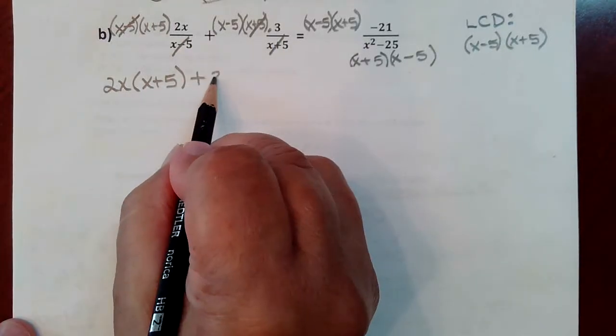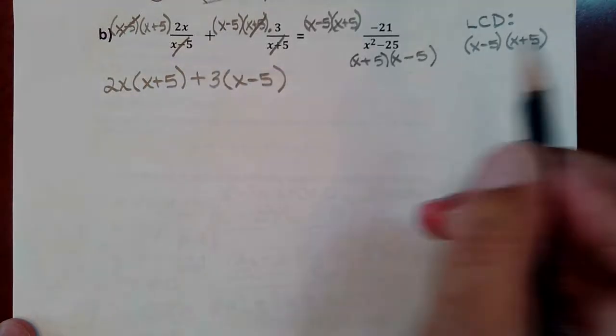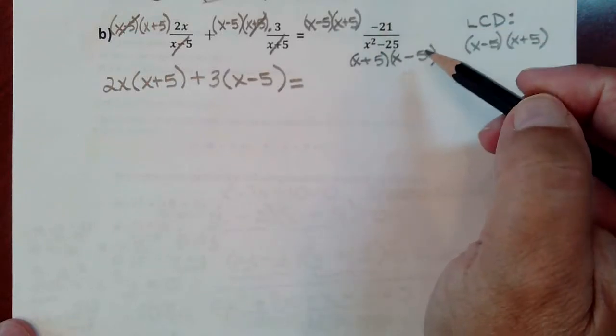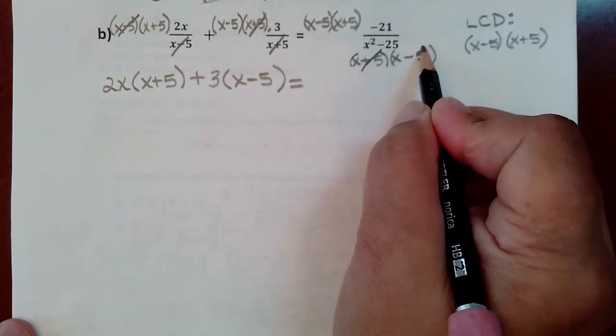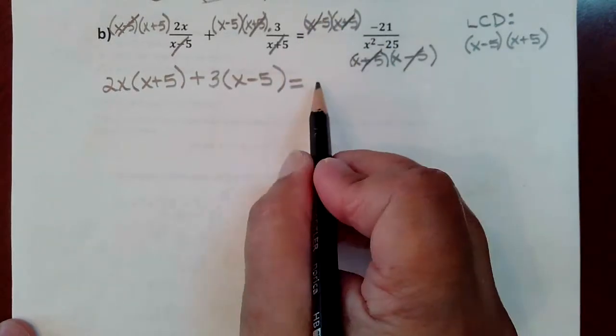Bring that plus sign down. Then when you multiply the LCD times the fraction on the right-hand side, all of this cancels with the entire LCD, leaving you with just negative 21.